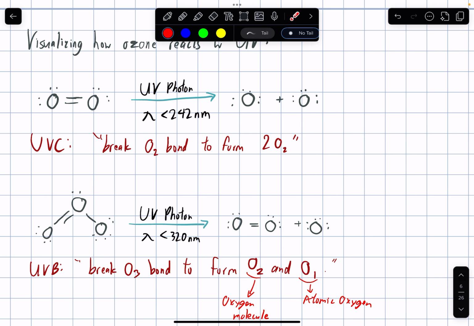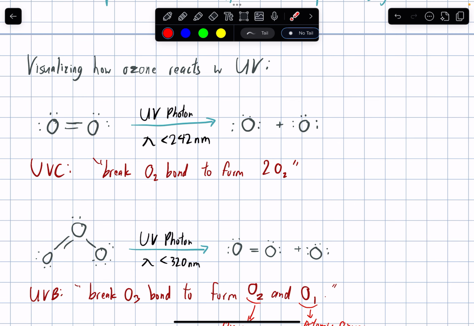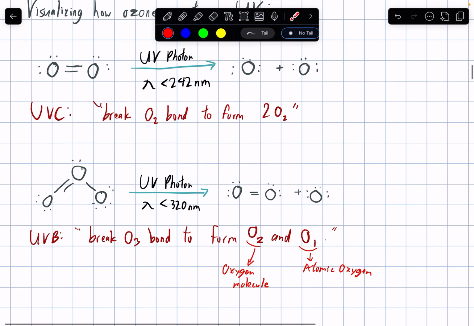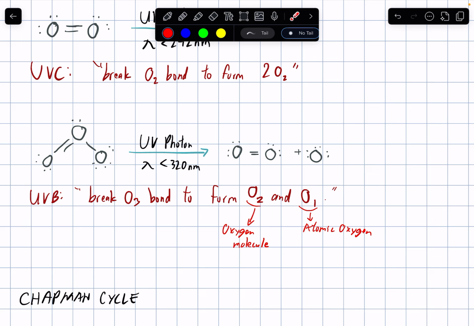Okay, so essentially it turns this into 2 atomic oxygens. So it breaks the oxygen bond to form 2 oxygens. Atomic oxygens, to be precise. And okay, so we have ozone. This is O3.